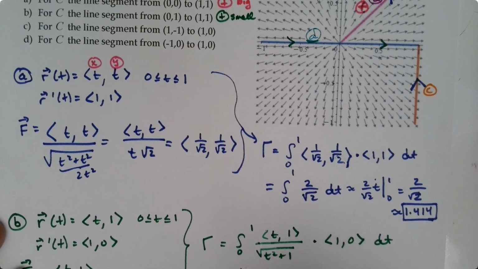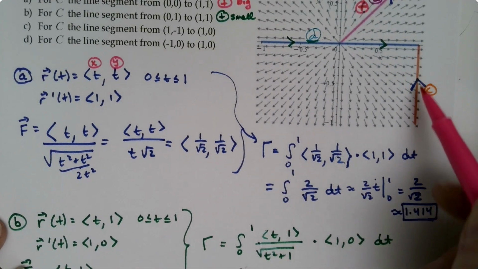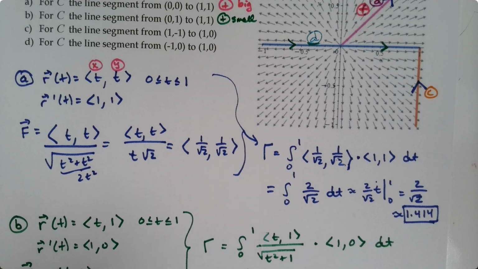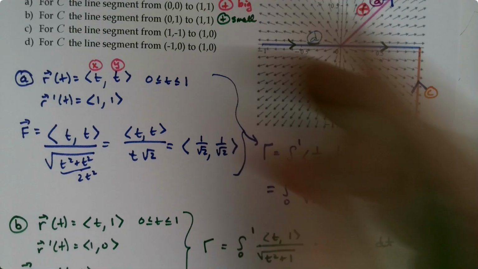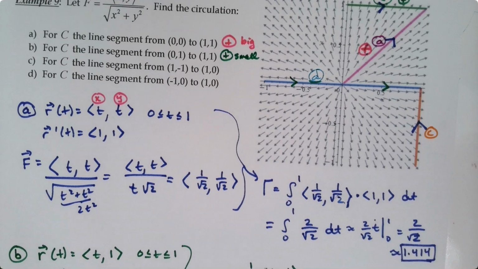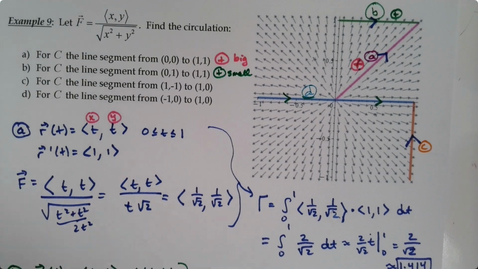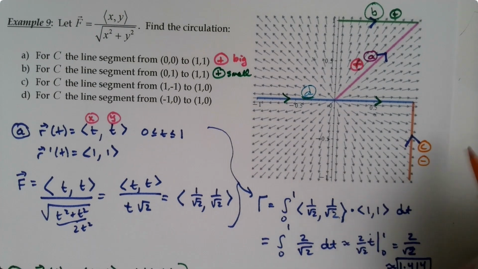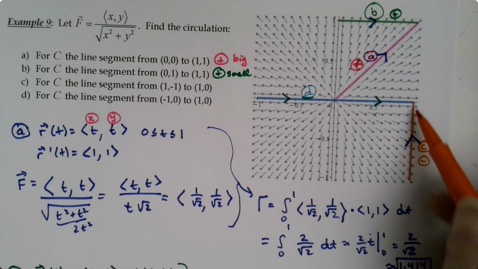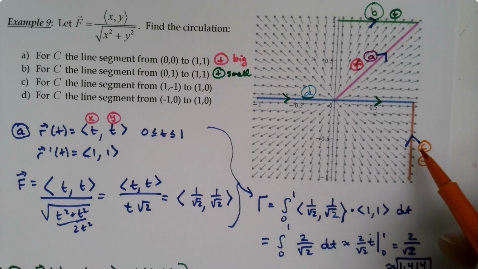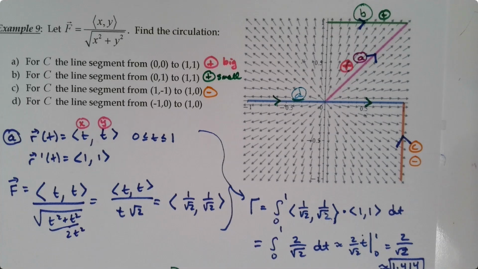Now C is negative because you're trying to move up this curve. Oops, let me put a positive here for B. So B is positive. All right, C is negative. You can see it's negative because you're trying to move this way, but all the arrows are pushing against you. So that made it negative. Now what about D?